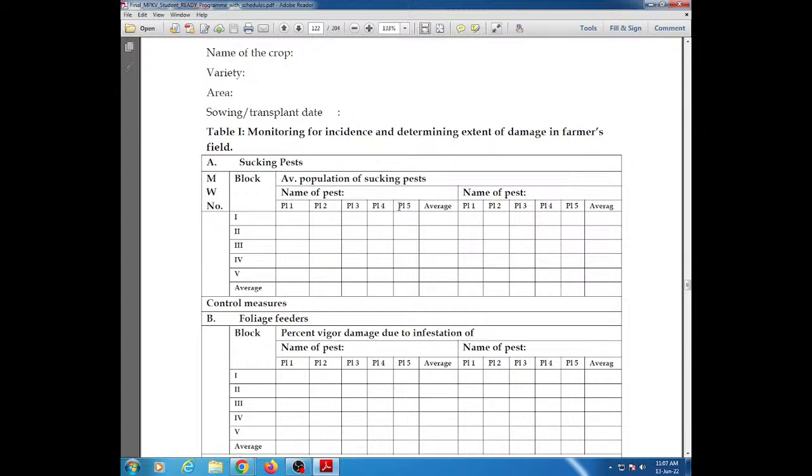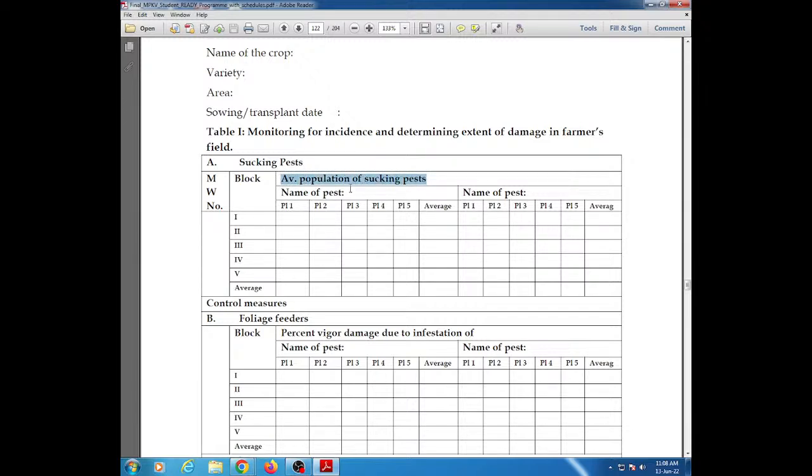Such selection you have to do first, and in every block every plant is to be observed, and the leaves, that is top, mid and bottom leaves, are to be observed for the number of sucking pests in that particular plot. Here you have to define or calculate the average population of the sucking pests.